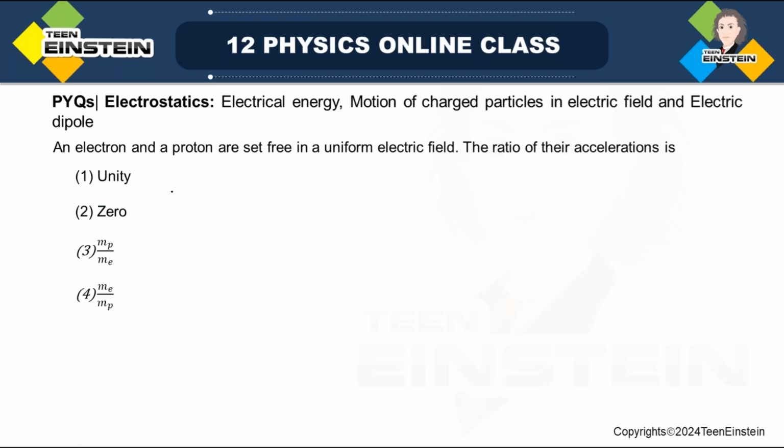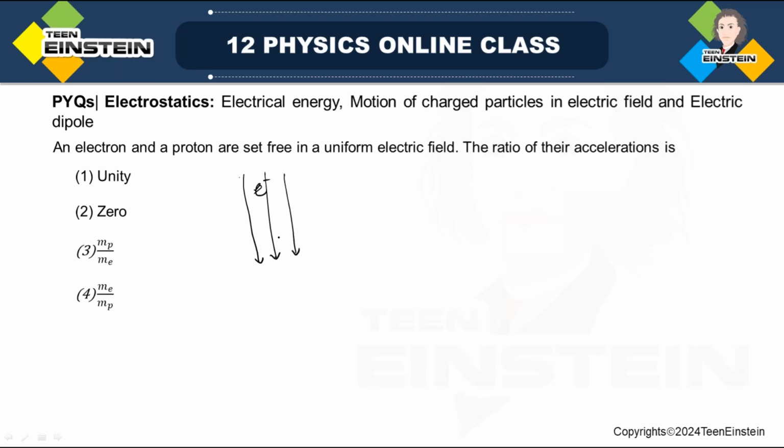Now this question says an electron and proton are set free in a uniform electric field. The ratio of their acceleration. That means there is a uniform electric field, so there an electron has been set free.